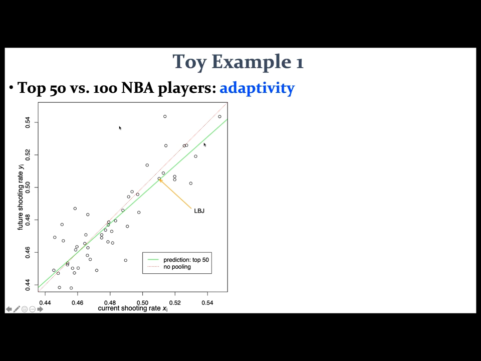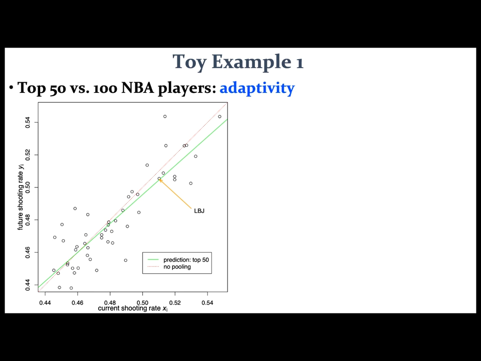Now the question is, if I expand those 50 players to the top 100 players, would that change my prediction? I raise this question because in neuroimaging, if we change our data and focus on visual cortex, you're going to change the p-value after correction.